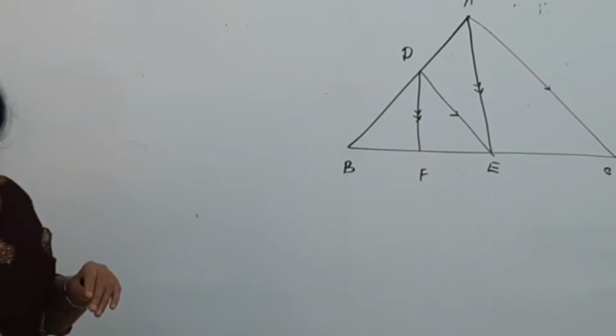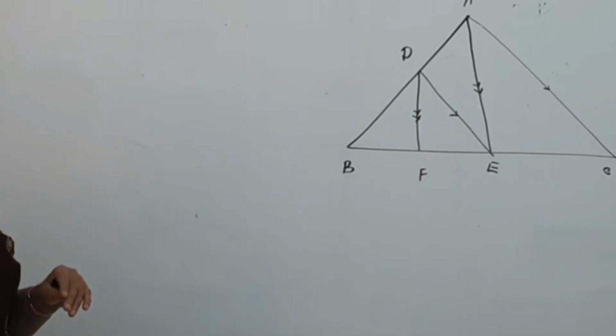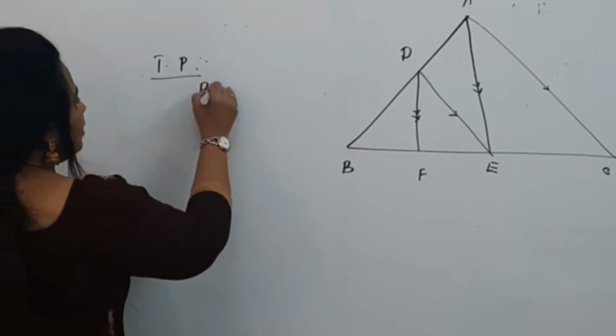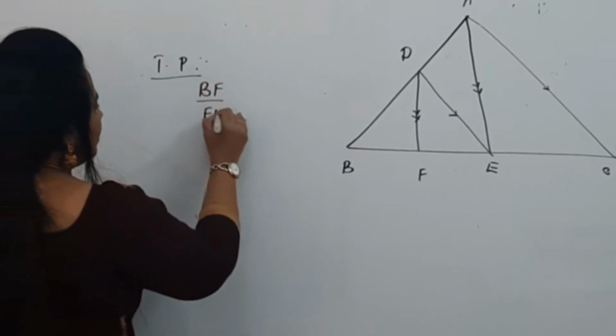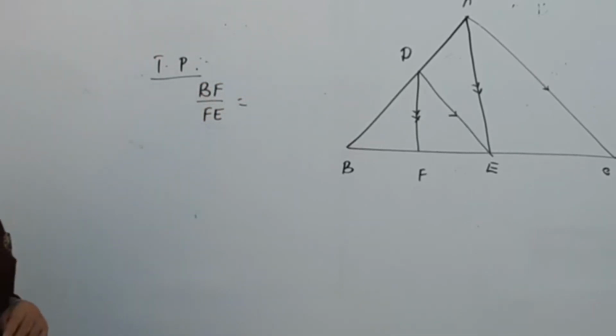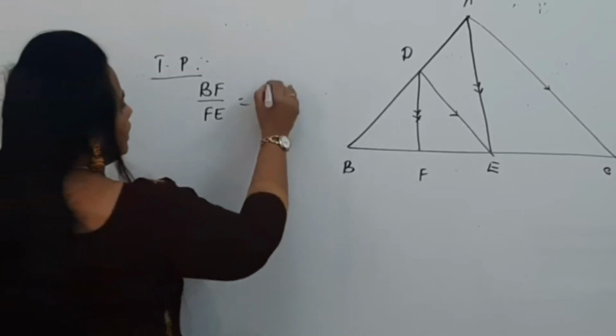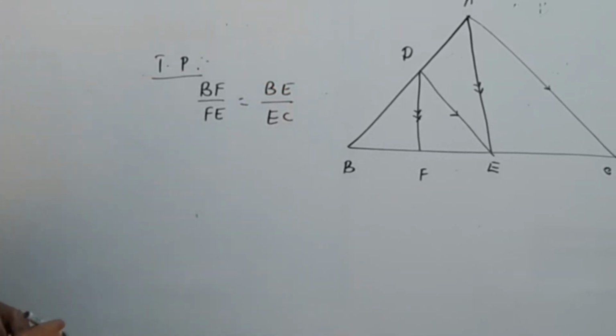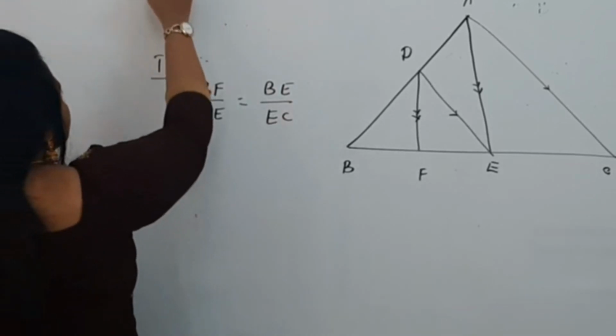Now, we have to prove that BF by FE is equal to BE by EC. This is what I have to prove. So, before that, let me write what is given.